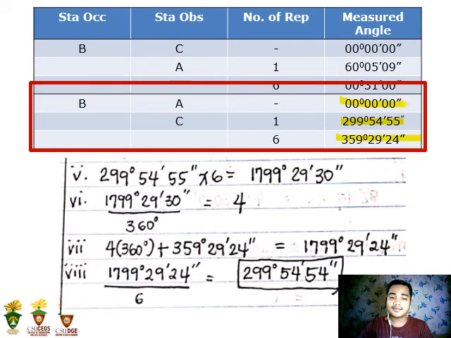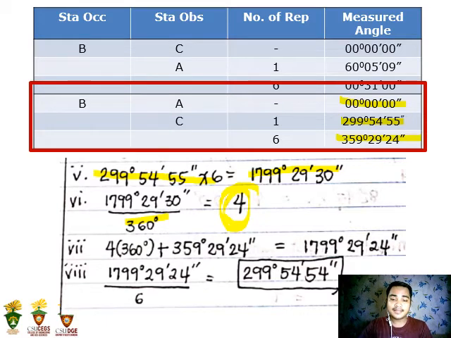Same process. The first reading times the number of repetitions: 299, 54, 55 times 6. We will have 1,799 degrees, 29 minutes, and 5 seconds. Then let's divide by 360 to get the multiple of 360. We will have a 4. 360 in 1799 degrees, 29 minutes, 30 seconds.